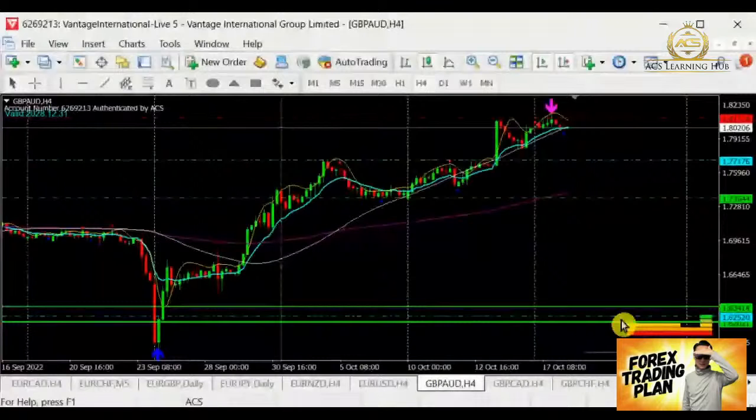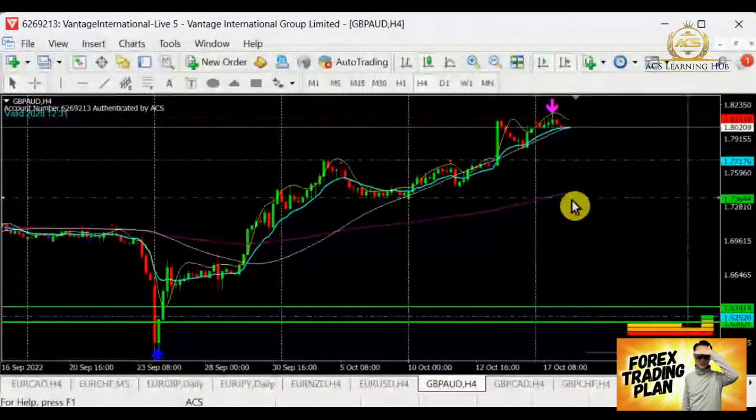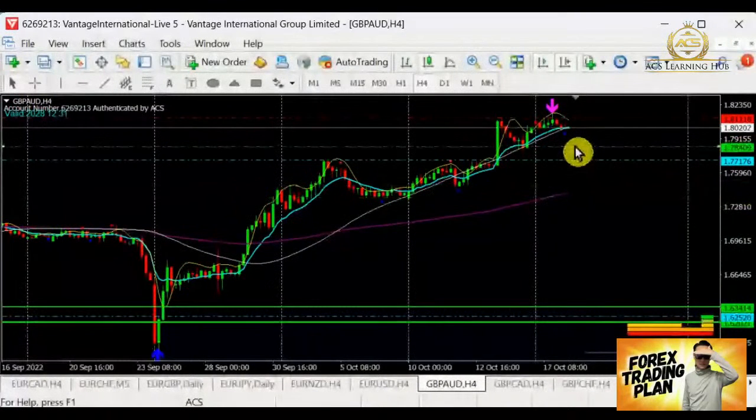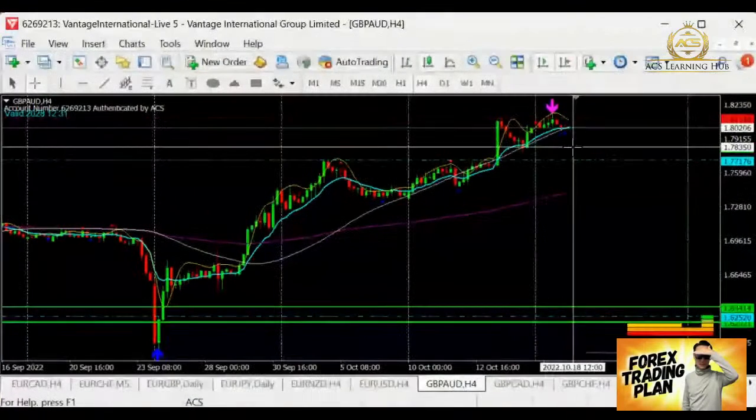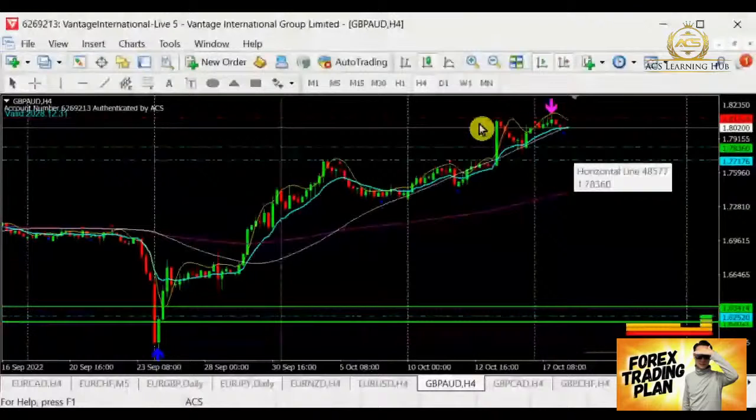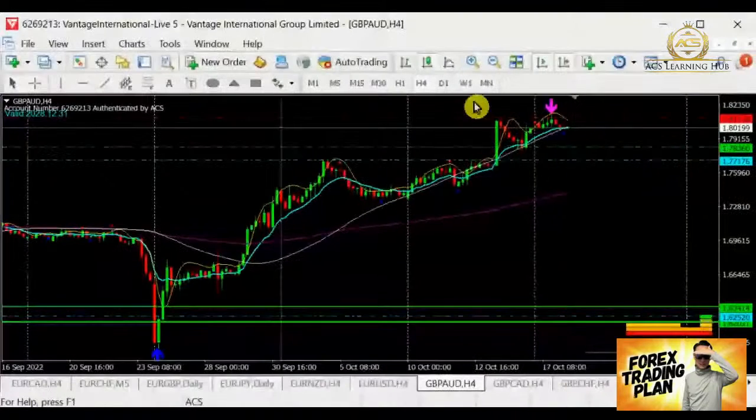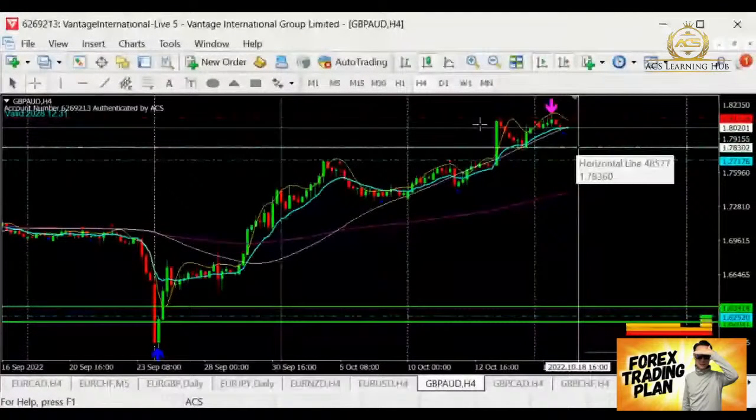For selling, we are looking at this area, which is still good for selling if you're going for a selling. But in case it comes in here, buyers, you can take note, you can stop in here. Sellers, you can scout along the way. There's a very big space down there, but then again, keep it in mind.